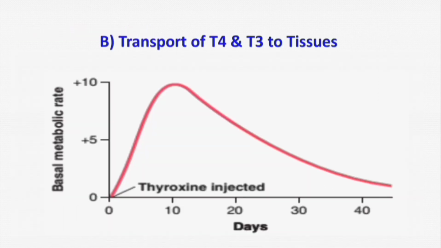Now, we will discuss the transport of T4 and T3 hormones to the tissues. Basically 93% of the hormone which is secreted from the gland is thyroxine or T4, while only 7% is T3.